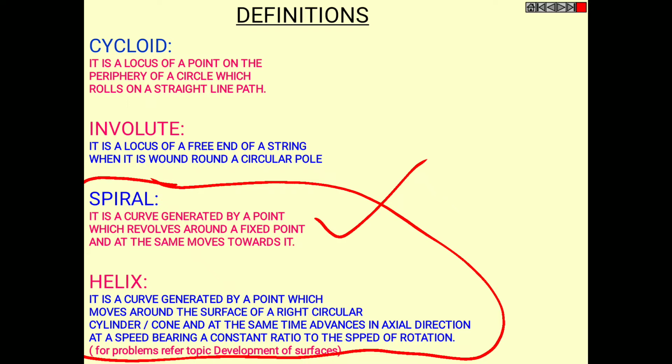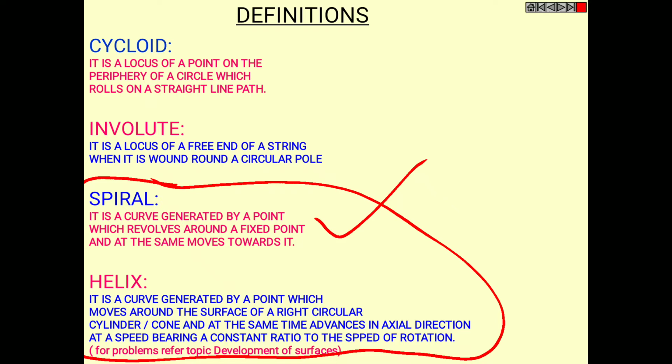And regarding helix, it is a curve generated by a point which moves around the surface of a right circular cylinder or cone and at the same time advances in axial direction at a speed bearing a constant ratio to the speed of rotation.